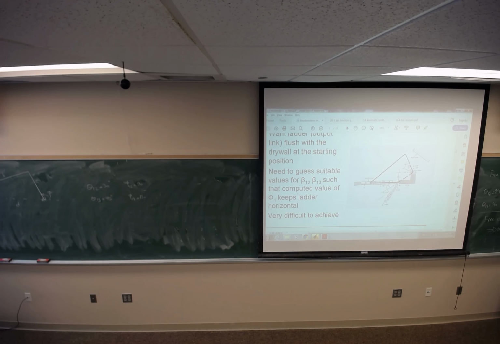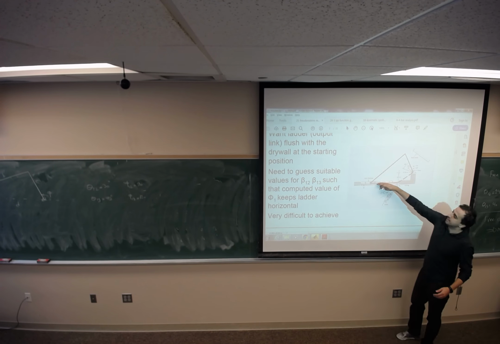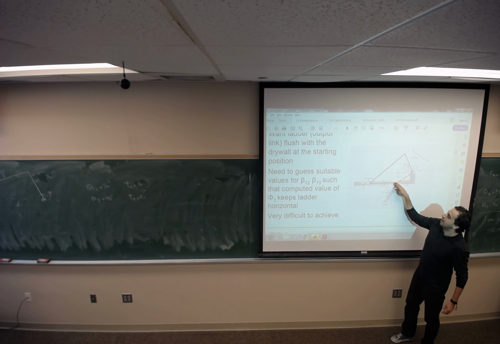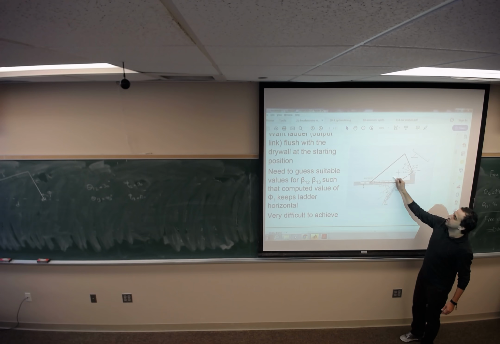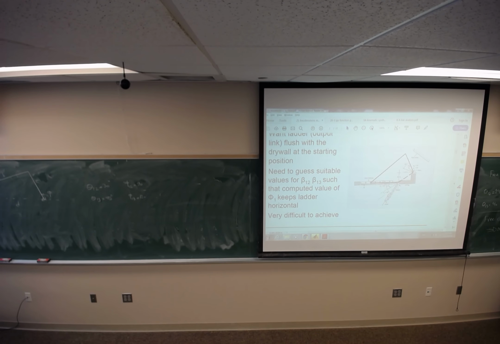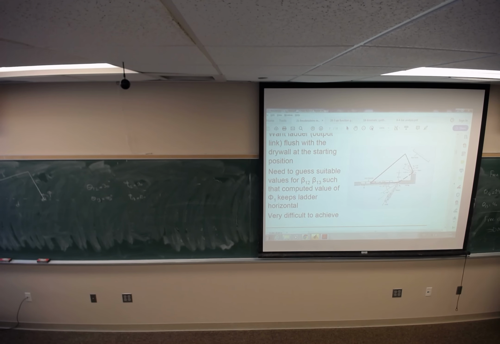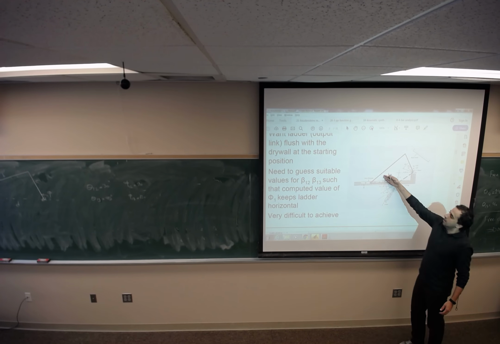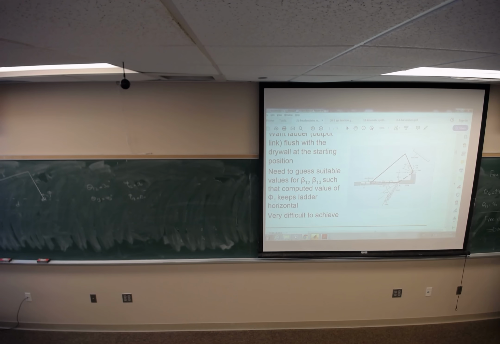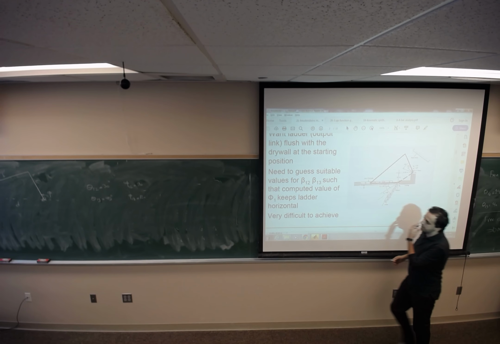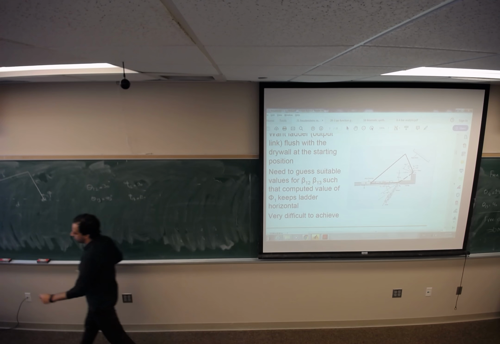But what we want is, at the starting position, phi 1 equal to 180°. By picking beta 1,2 and beta 1,3, you might get a different value for phi 1. One way is to try different beta 1,2 and beta 1,3 to get phi 1 equal to 180, but it's a difficult approach.